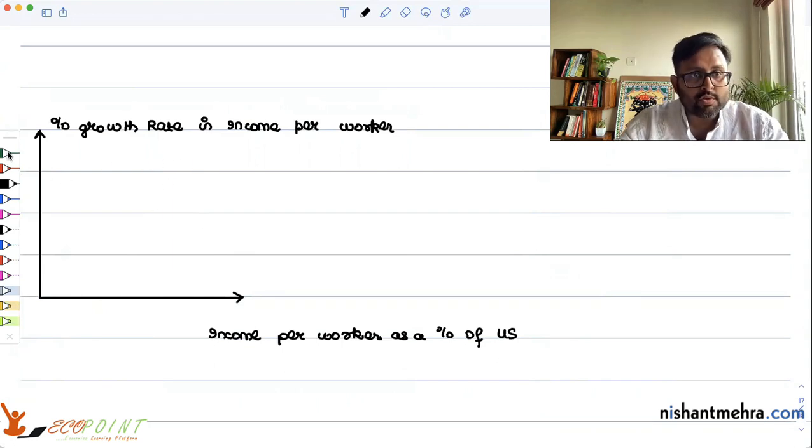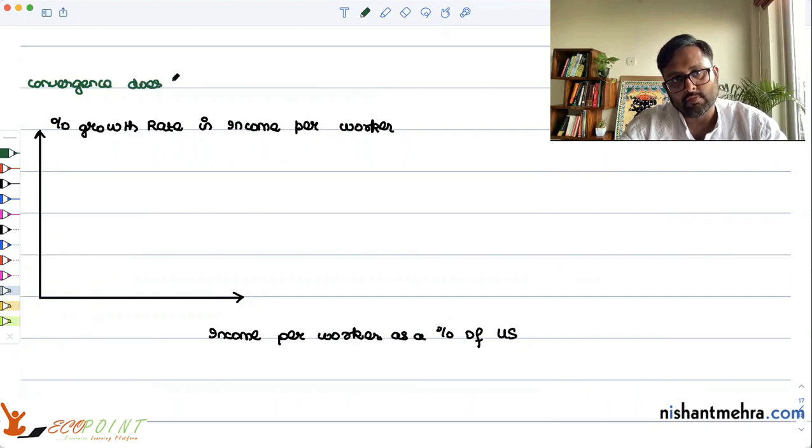So convergence does not occur among poor countries.